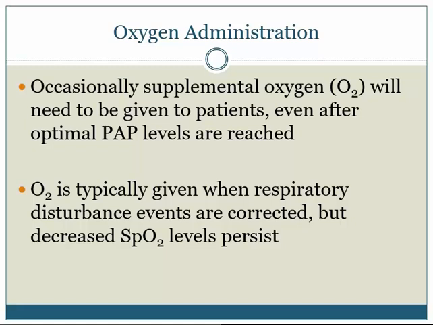So for instance, if the patient's oxygen level is low and we know why it's low, because it's an apnea, because it's a hypopnea, because they're having all these respiratory disturbances that we typically see during the night, then do we put oxygen on them, or do we treat the low oxygen at its source? You treat the respiratory disturbances first before seeing if you need to add supplemental oxygen. Because if you were to add supplemental oxygen, it's just like throwing a Band-Aid on a severed artery. It's not going to do much. You're not doing what you need to do in treating it at its source.